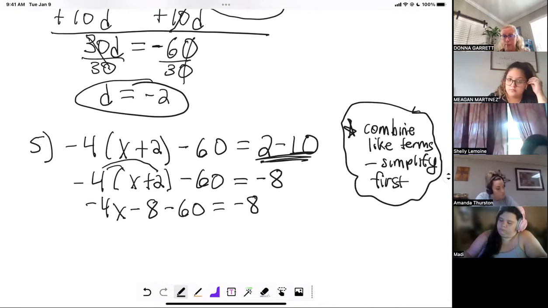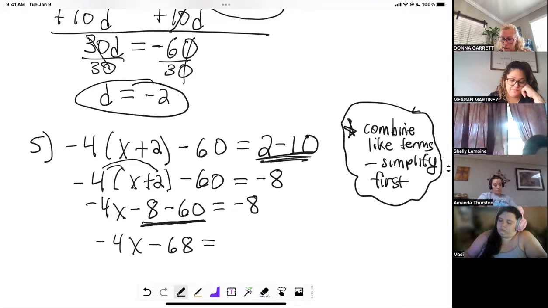And then something else came up that we haven't done before. I can combine like terms again. I just created 2 numbers I can put together. So before I start moving things, I'm going to simplify that. -4x. Okay, so -8 minus 60, same sign, so it has to be negative, and I add them together, -68 equals -8.